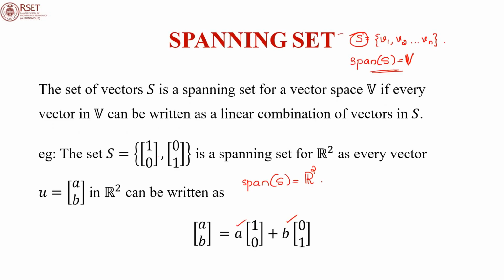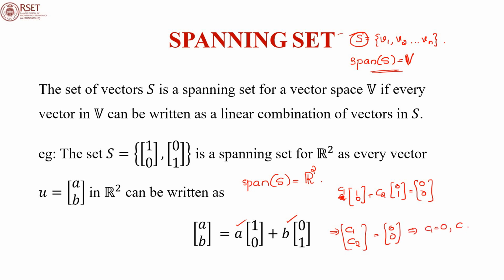So will this set (1, 0) and (0, 1) be a basis for R2? It will be, because we have already seen that this spans R2. Now all we need to check is whether this set is linearly independent. So how do we check it? Say C1 V1 plus C2 V2 is equal to (0, 0), which implies C1 plus 0 C2 and 0 C1 plus C2 must be equal to (0, 0), which implies that C1 must be equal to 0 and C2 must be equal to 0.